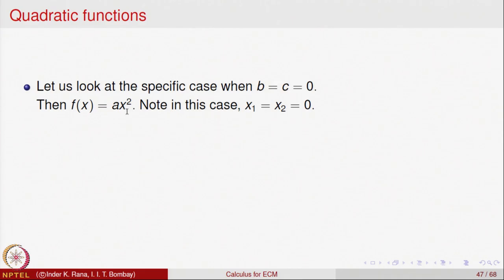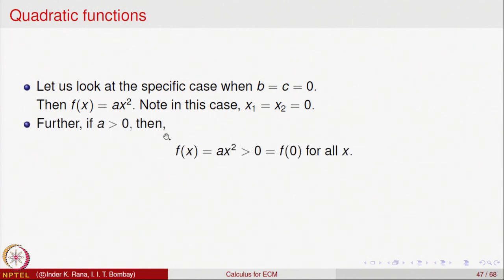A x square equal to 0, so x 1 is equal to 0, x 2 is equal to 0. Both the roots coincide and it is 0. So, the curve passes through the origin 0 0, and it actually is touching at the point 0 0, because both the roots coincide.